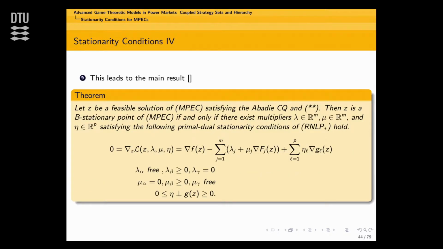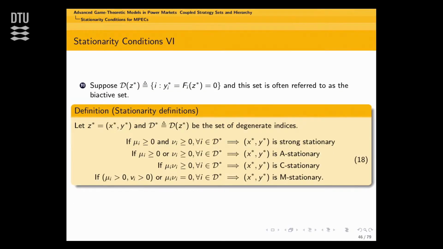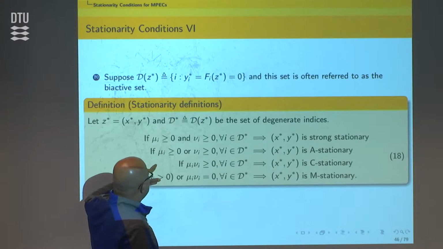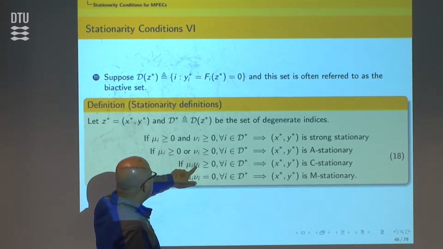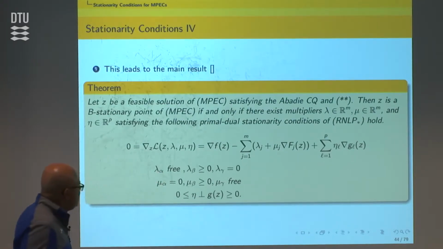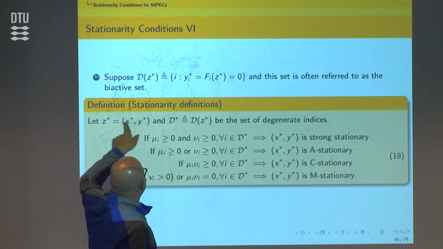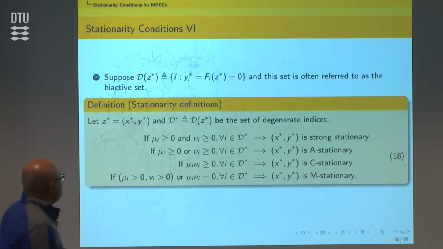When you see this here, this nu refers to the lambda here. So I changed notation along the way. But the point is, let z star be equal to x star, y star, and D star be the set of degenerate indices.